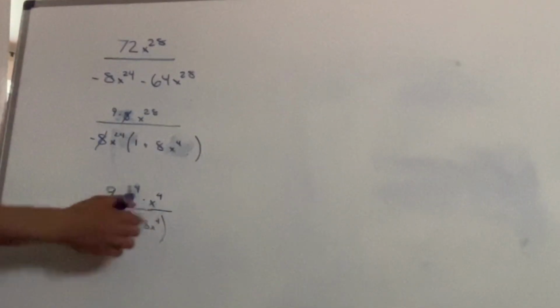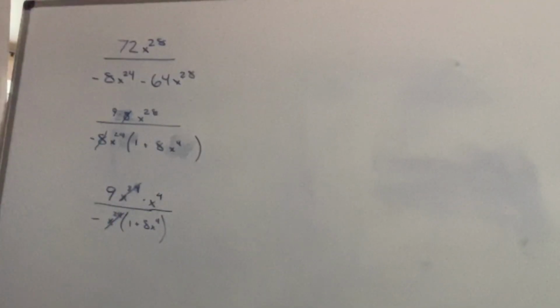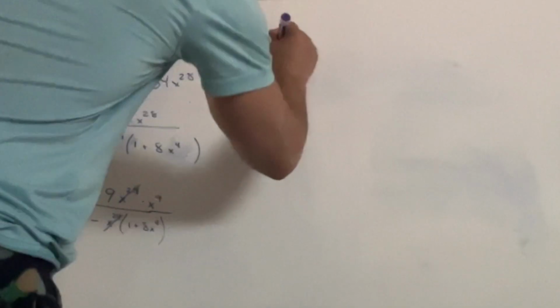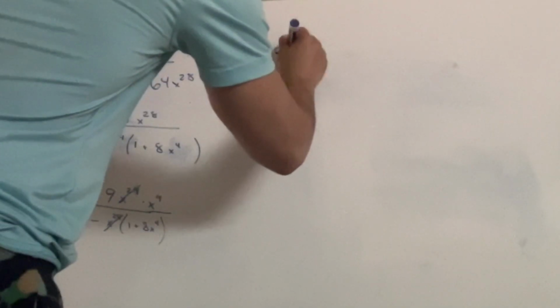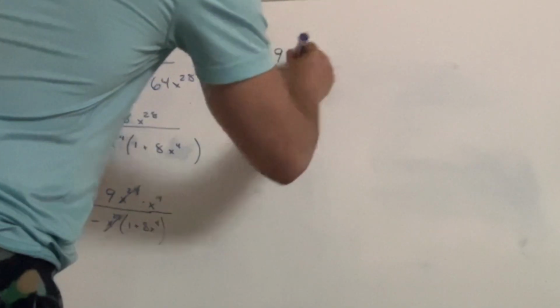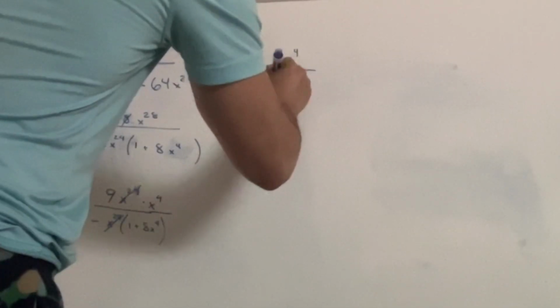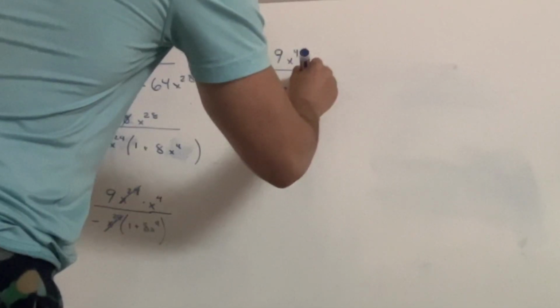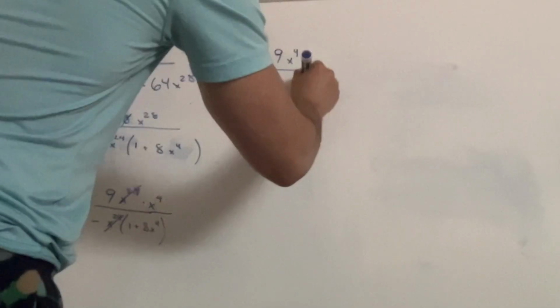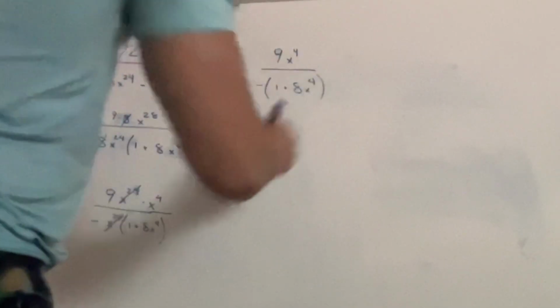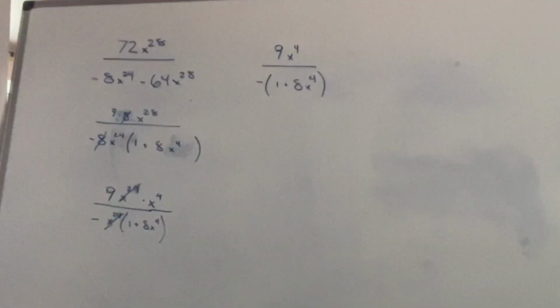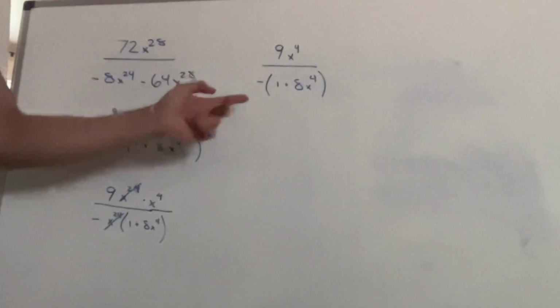This applies to everything on top. Cancel, cancel. So now we can rewrite it as 9x to the 4th over negative 1 plus 8x to the 4th. Right. Now this would be the final answer.